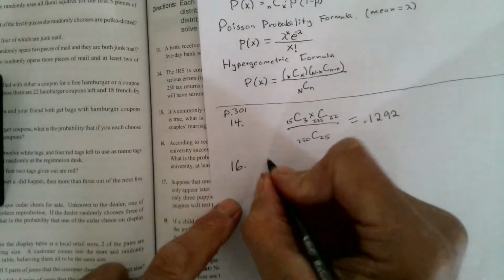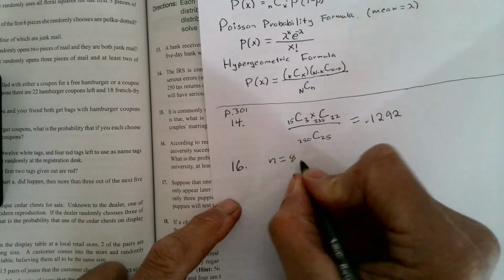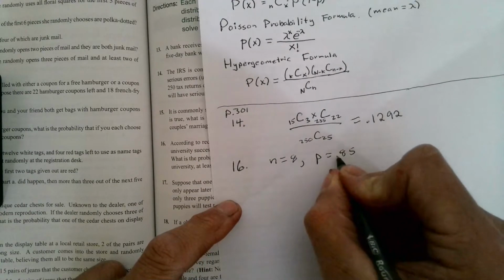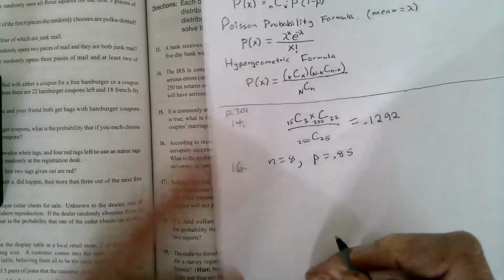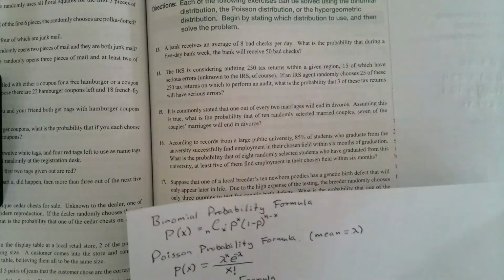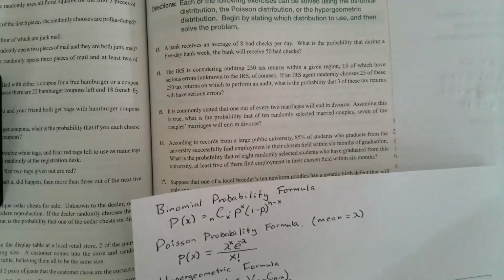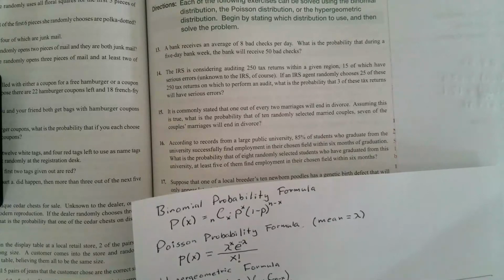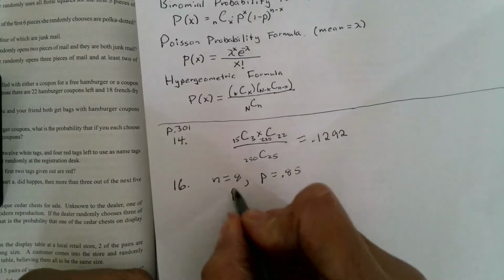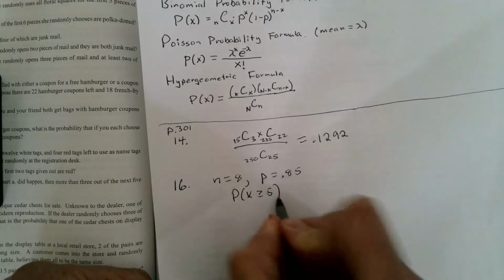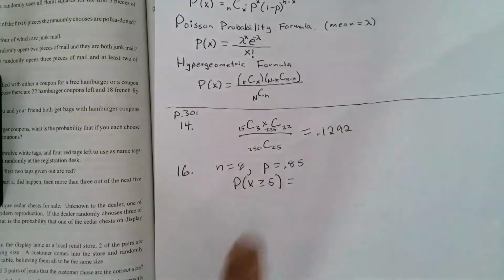So we have n equals 8, p equals 0.85. And so we want to find the probability that we have at least 5. The probability of 5 or more.